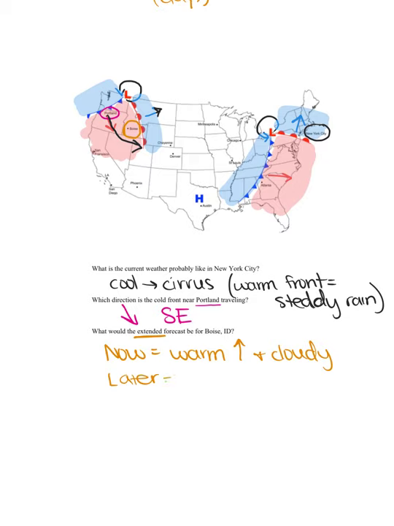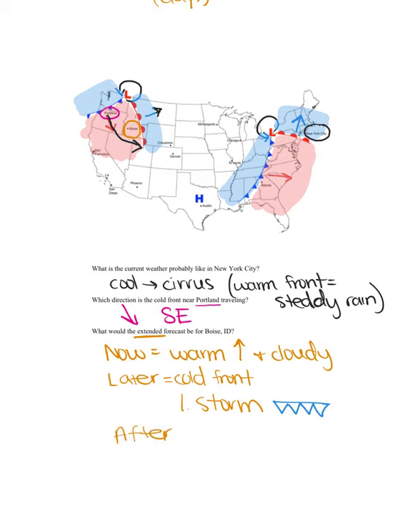A little bit later, we're going to have that cold front move through. When we get a cold front, we're probably first going to experience a storm, because remember, it's those scary teeth. Scary teeth, scary storm. So Boise will get that storm.